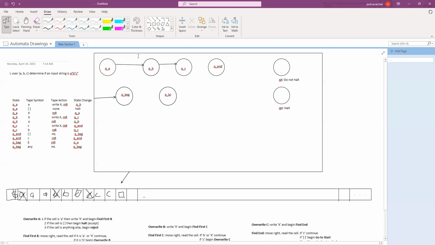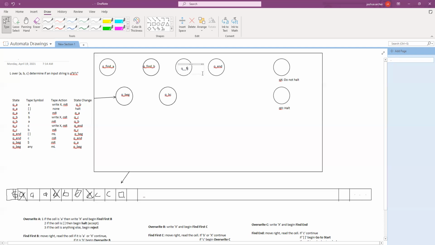So do we have a repeat state or something? Nope, you don't need one, because these states only refer to what task I'm doing. Okay, so I could actually call this, and I will up here, this is actually what I'm doing. This is find A, find B. I might not be able to get these to look pretty.